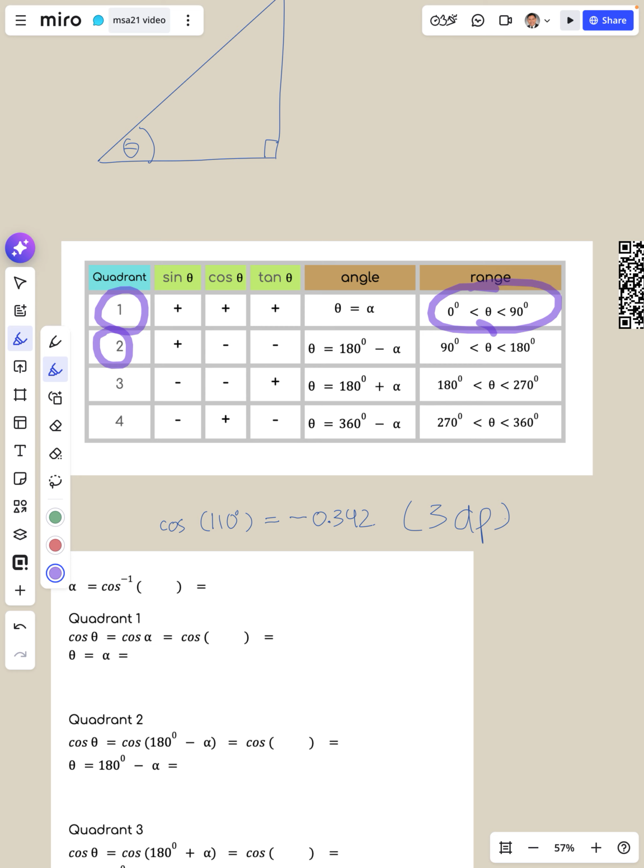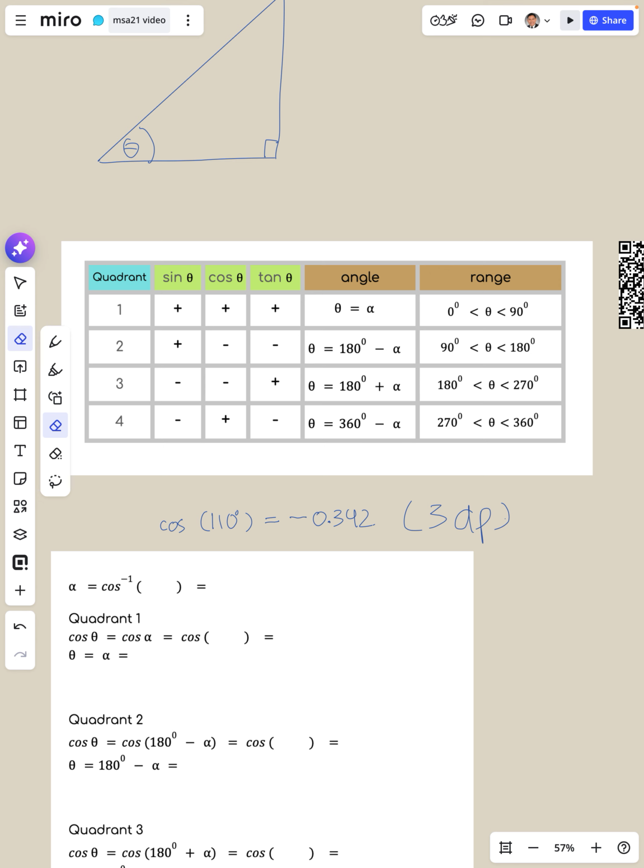Quadrant 2 is if the angle is between 90 and 180. Quadrant 3 is if the angle is between 180 and 270. And quadrant 4 is if the angle is between 270 to 360. So you have 4 quadrants.